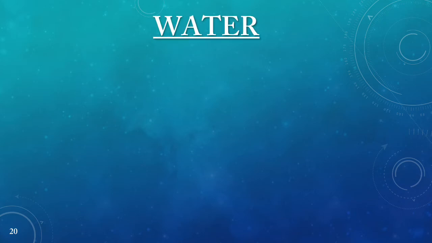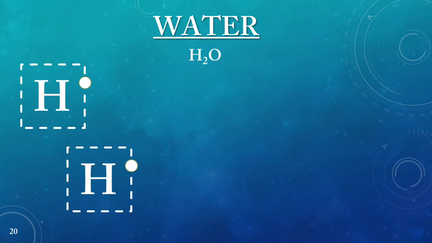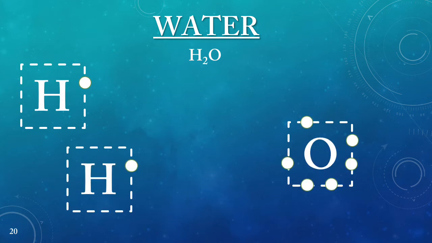So we're going to bring in another compound that actually has covalent bonds, and it's our friend water. We all know water is H2O. And so what does that mean? It means I have 2 hydrogens and 1 oxygen. Now my hydrogens have 1 parking spot each, and my oxygen has 2 pairs already, and they also have 2 other parking spots, so they have green lights.